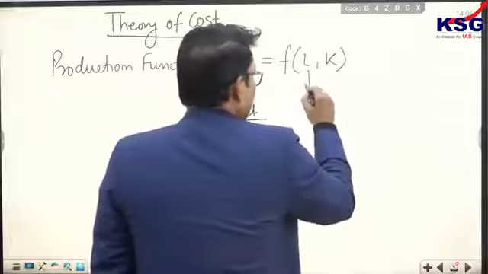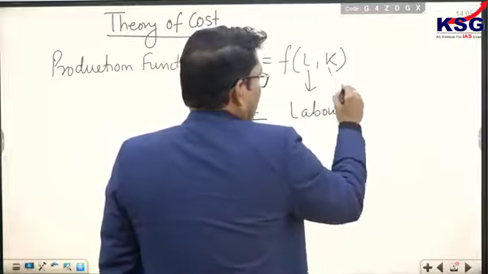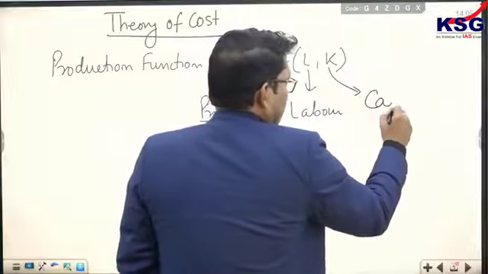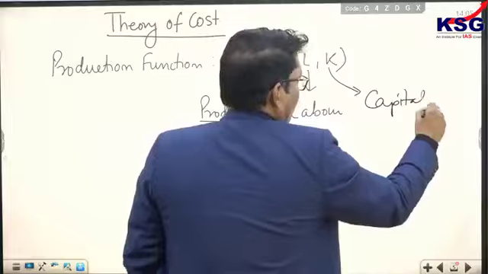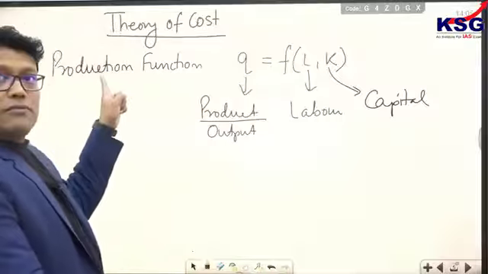L is the labor, and K is the capital. Clear? And it is known as the production function.